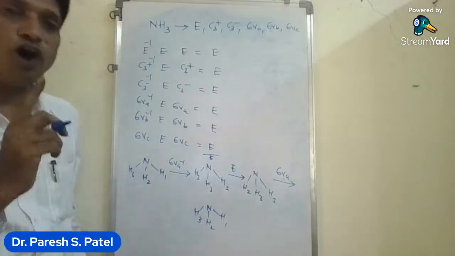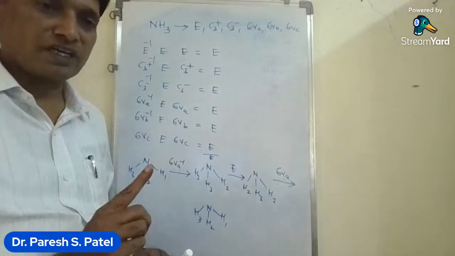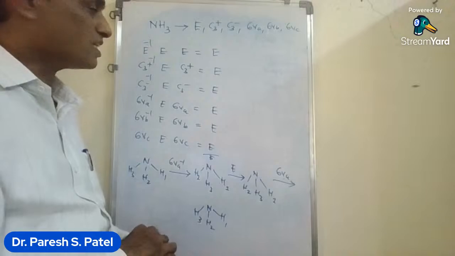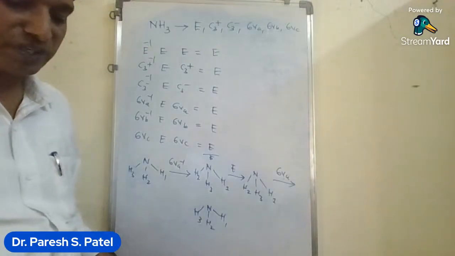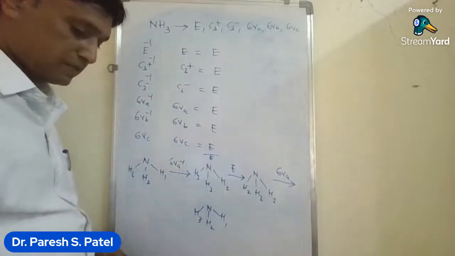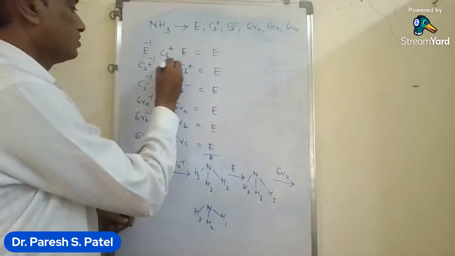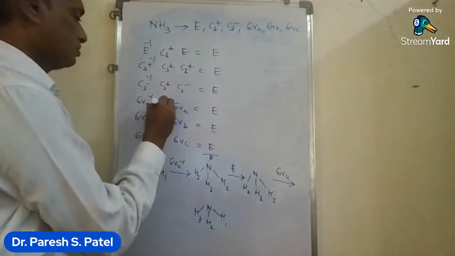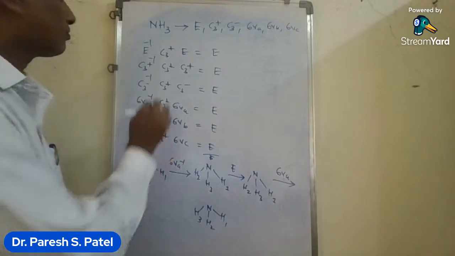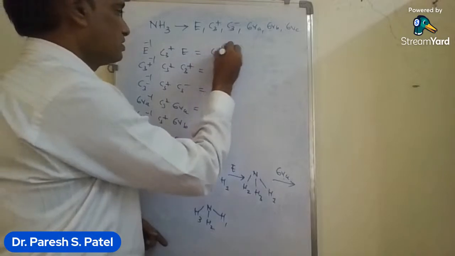So in case of ammonia molecule, E is conjugate to itself to form an individual class, or we can say it satisfies the conjugate property number 1. Now if you go for the C3 plus, E inverse C3 plus E is equal to C3 plus.